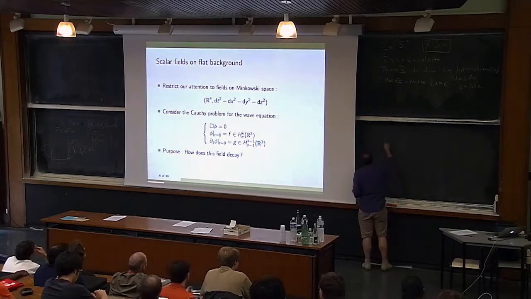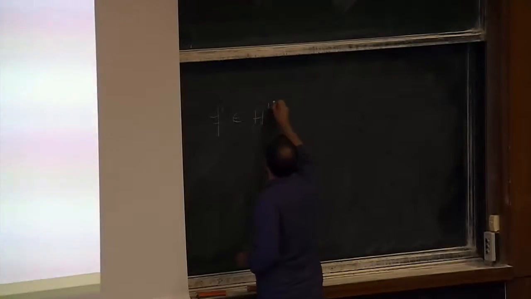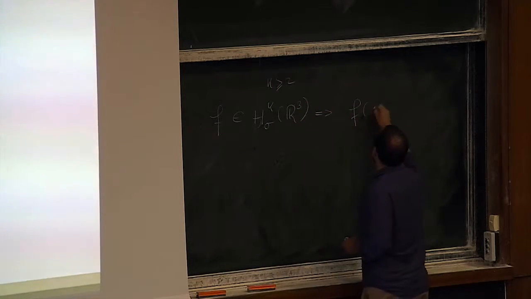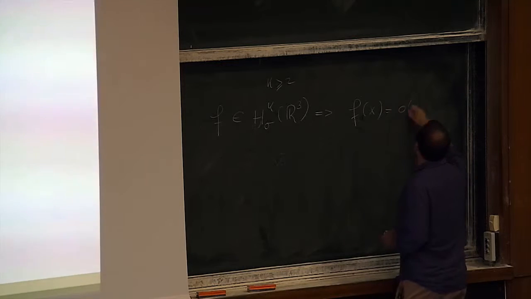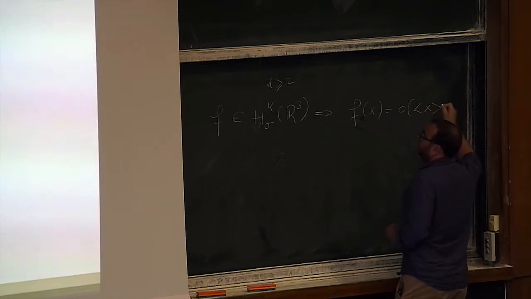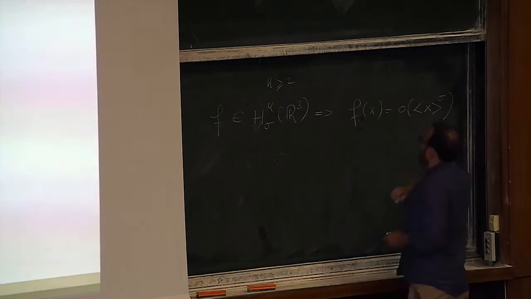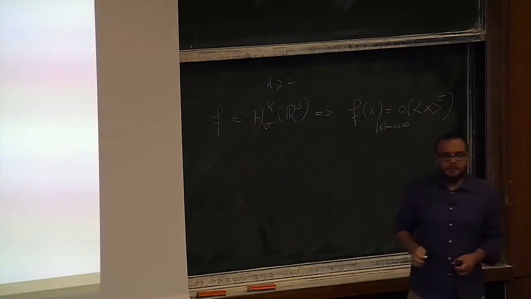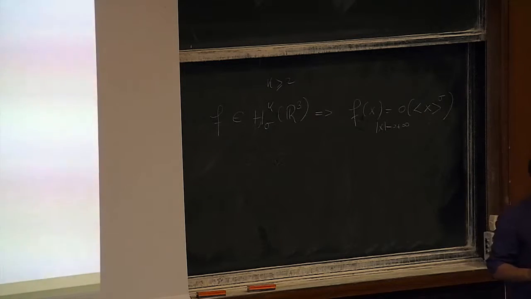If you take F, which is in H^k_σ of R^3, and you take k bigger than 2, then you know that F of x will behave like this when |x| goes to plus infinity. Okay? This is the only thing that you need to know about these Sobolev spaces.